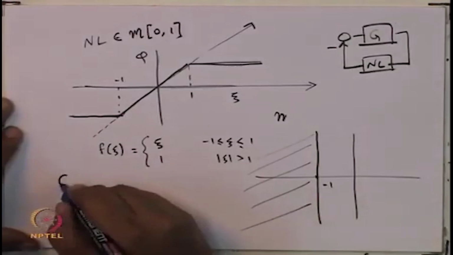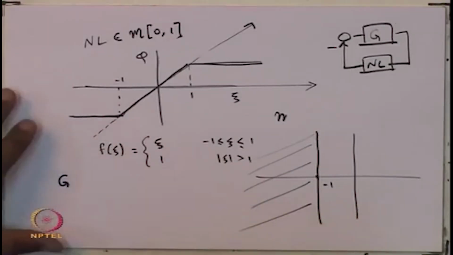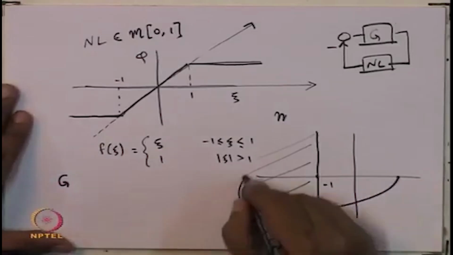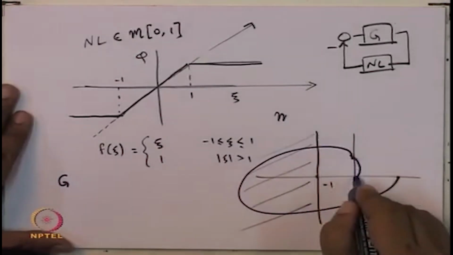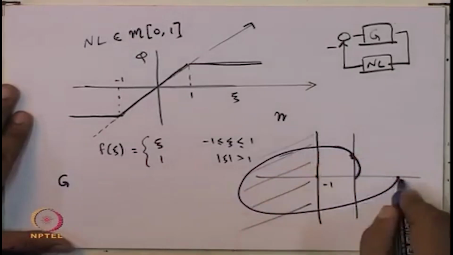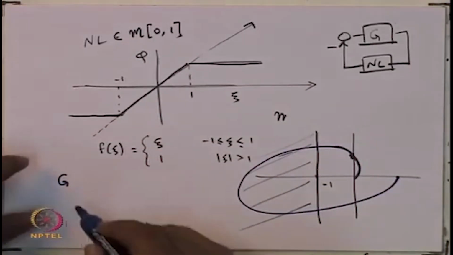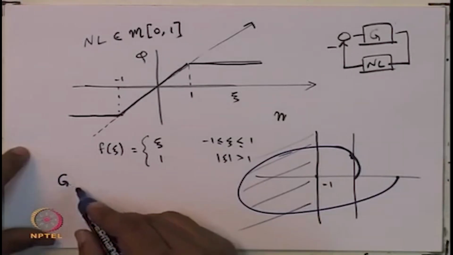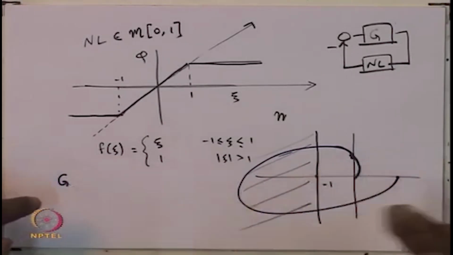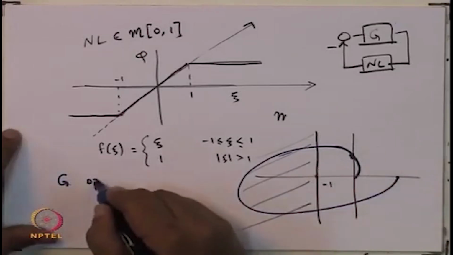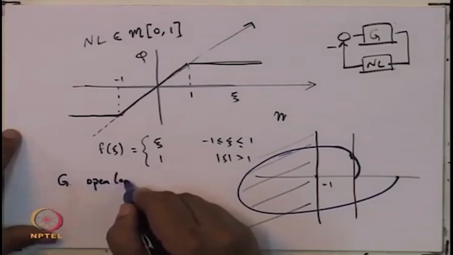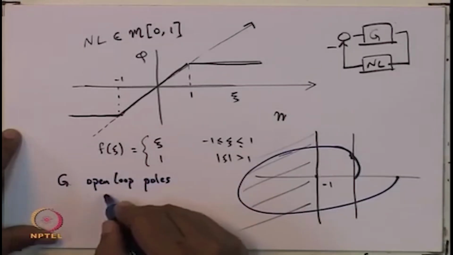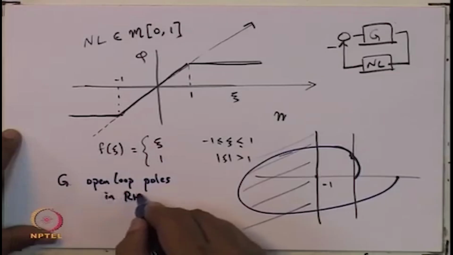Maybe you had a G, and that G had a Nyquist plot which looked something like that. Okay. And let us say that this G was such that it had open loop poles in the right half plane.